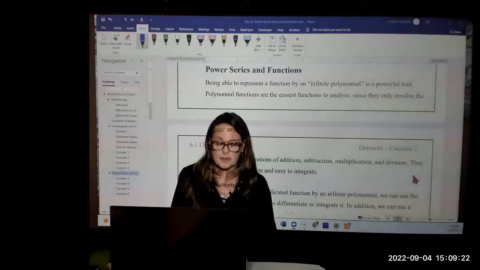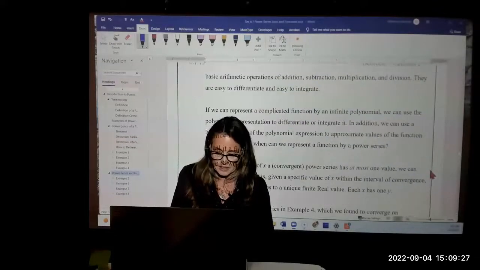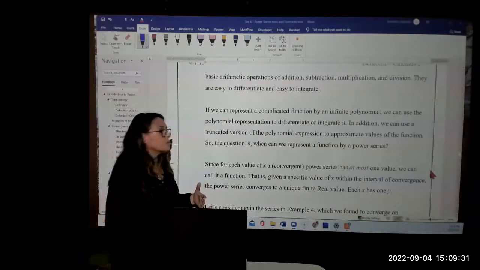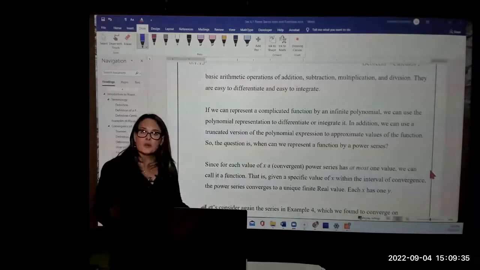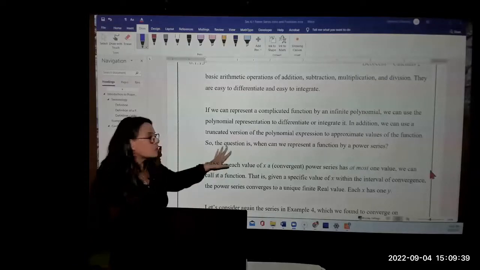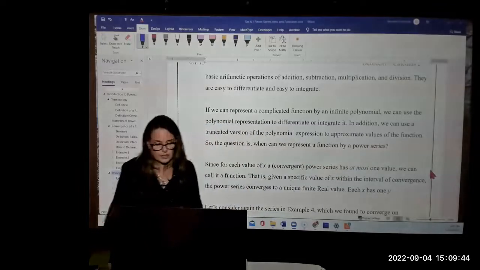We could also, in fact, use a finite number of terms from the infinite series to approximate values of the function. So we could maybe take the first 12 terms and use that to approximate the value of the function at some value of x. So the question becomes, when can we represent a function by a power series?